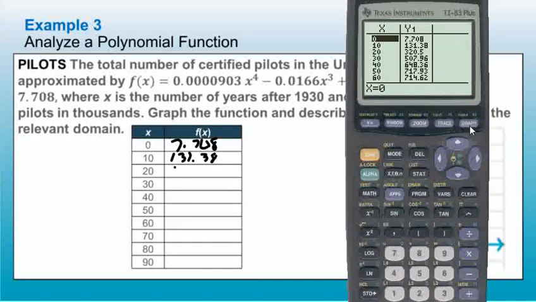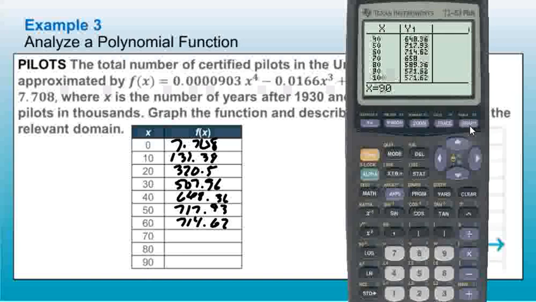Then we have 131.38, 320.5, 507.96, 648.36, 50 was 717.93, 714.62, 70 was 658.